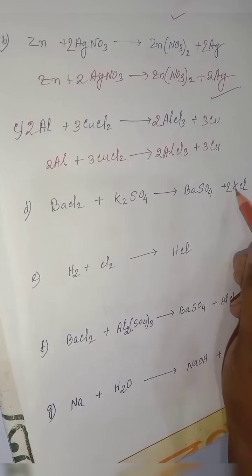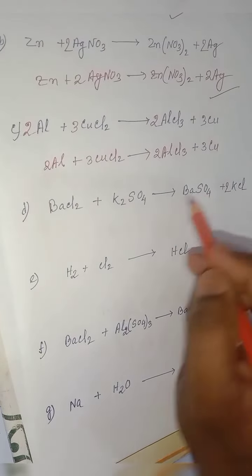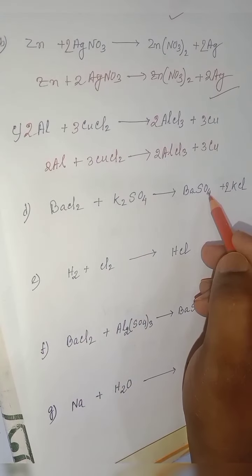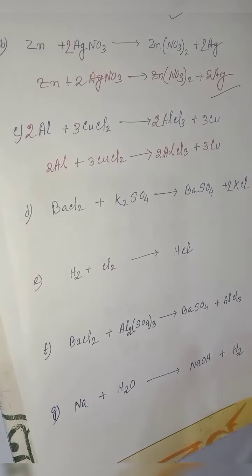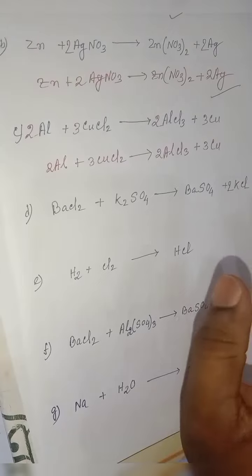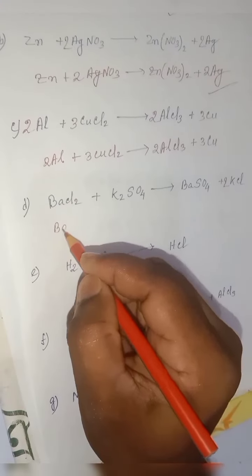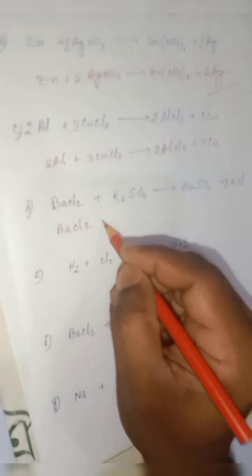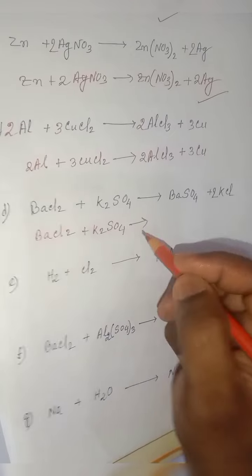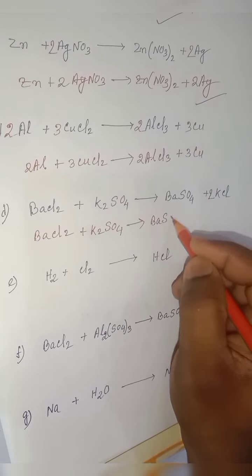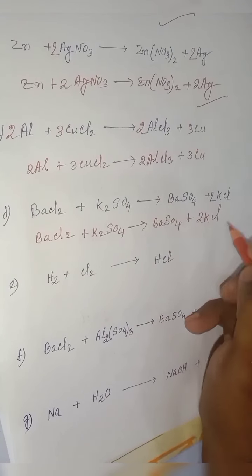The number of potassium is 2 and 2, equal, number of sulfur 1 same, number of oxygen 4 same. The equation is balanced. So the balanced equation is BaCl2 plus K2SO4 from BaSO4 plus 2KCl. Okay.